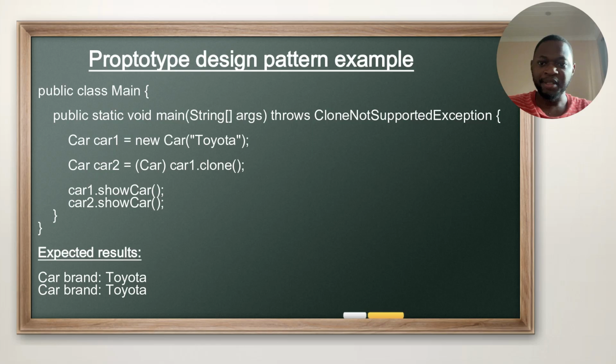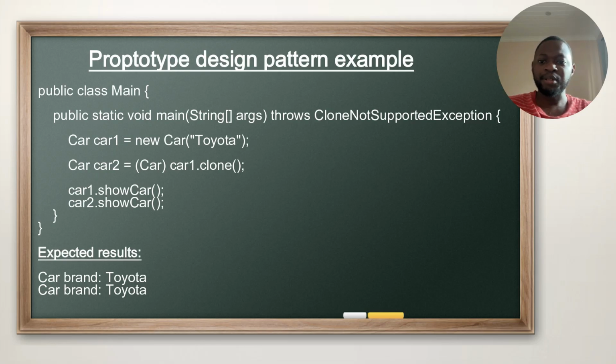On the next slide we have our main class and our main static method. Firstly we have our car1 reference, which is equal to new Car, and we pass in the Toyota brand as a string. Below that we have car2, which equals car1.clone, cloning the car1 object.